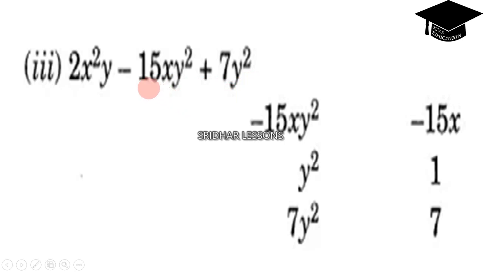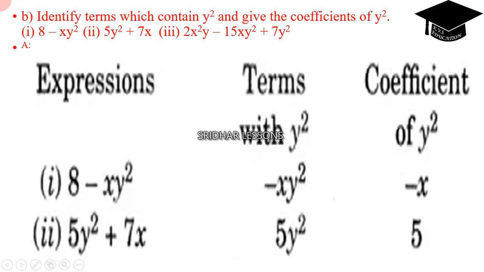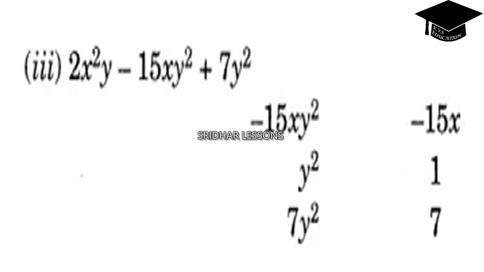They are minus 5xy square and 7y square. The coefficients are minus 5x and 7. This is the third problem.